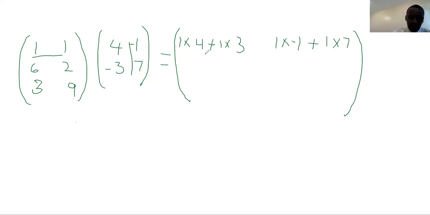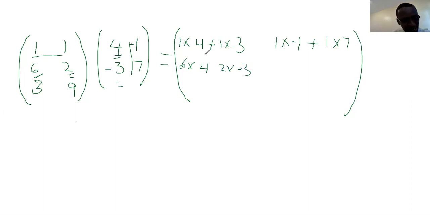So 6 times 4, that is this 6 here times this 4. Then plus 2 times negative 3, or this 3 I put a negative. So 2 times negative 3. Then we are done with that first option.